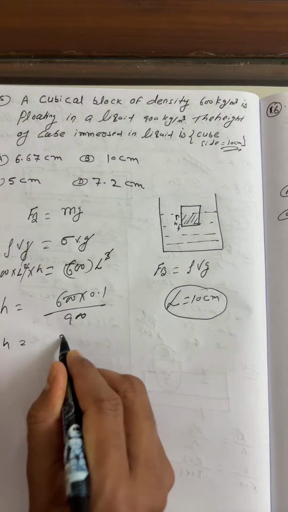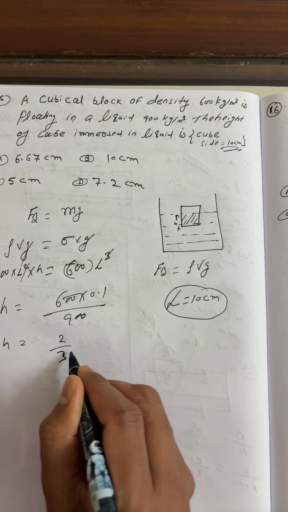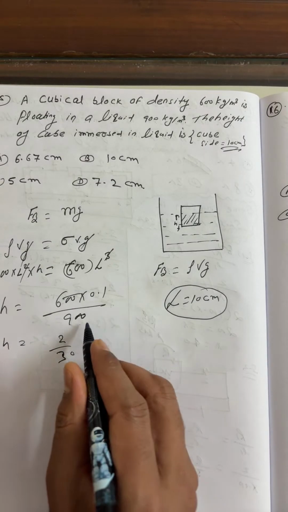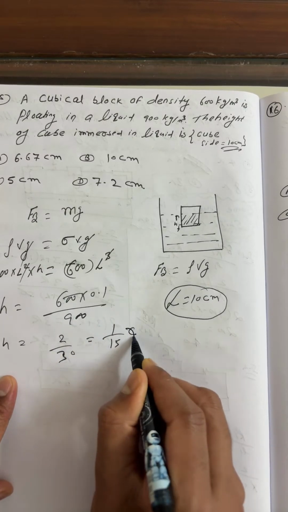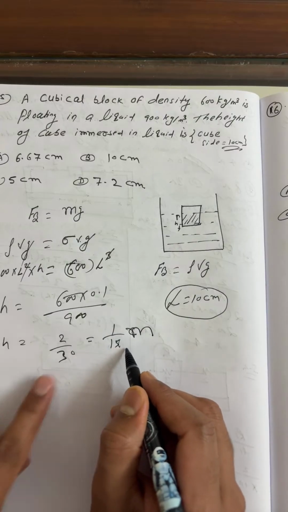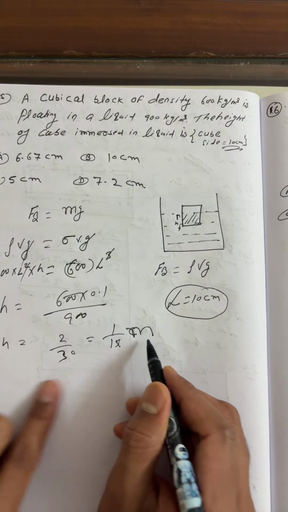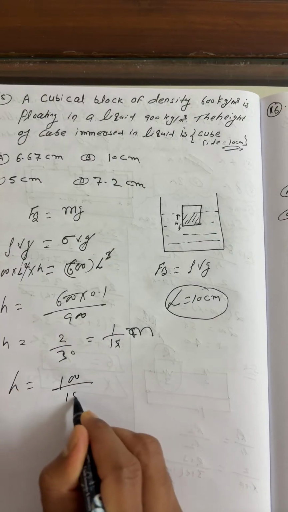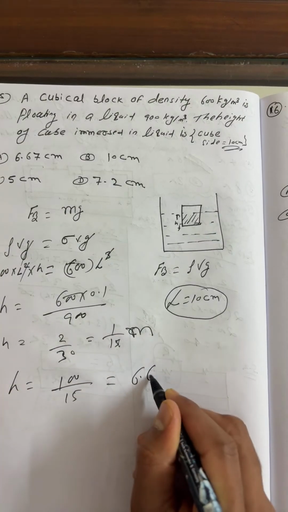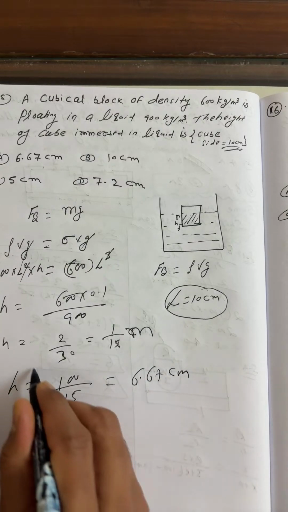So H is 2 by 30, 1 by 15 meter. 1 meter is 100 centimeter, so you can convert it: 100 by 15. So we'll get 6.67 centimeter.